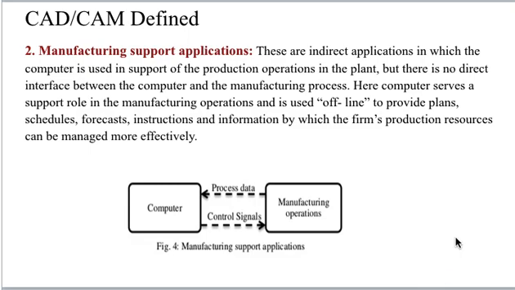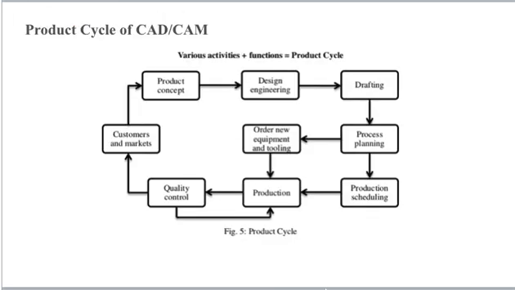In all these examples, human beings are presently required either to provide inputs to the computer program or to interpret the computer output and implement the required action. So this is manufacturing support applications. Now we'll move on to the product cycle of CAD CAM.